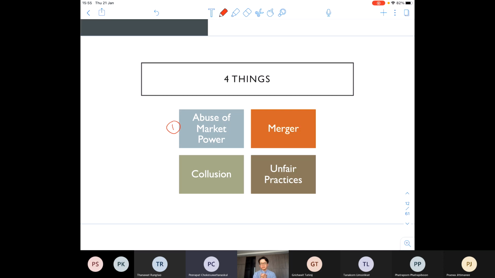When you look at the structure, you know that if there are so many players within this market, you don't really have to follow these players closely, because the market force will take care of itself. If any one of them is not doing well, they will just go out of business. If any one of them tries to increase the price, others will undercut. This market mechanism will take care of itself, right?